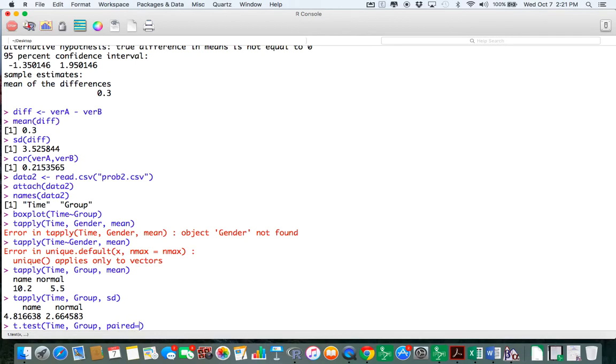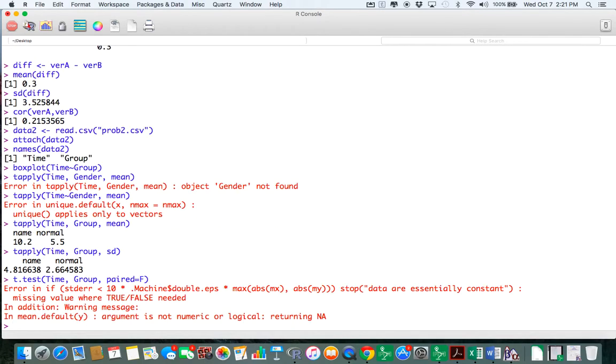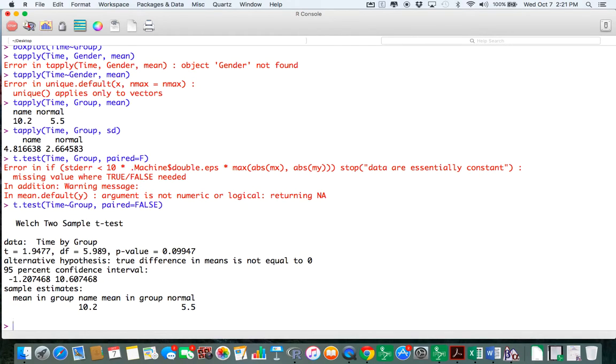paired equal false. And I'm just doing this from memory, so obviously not well.